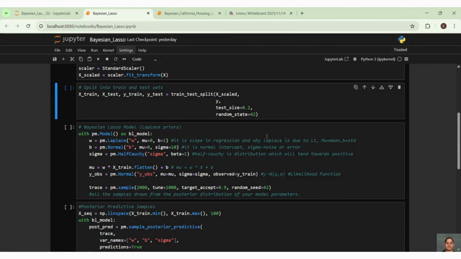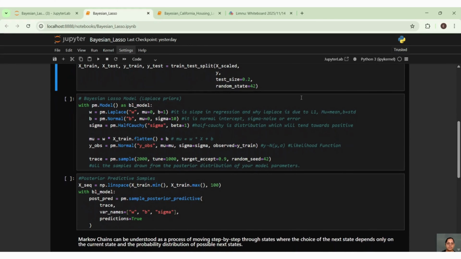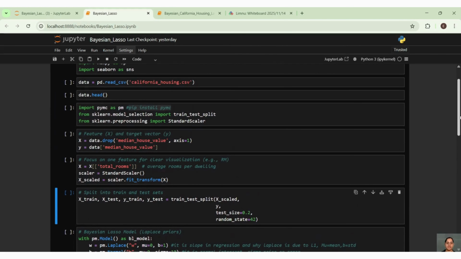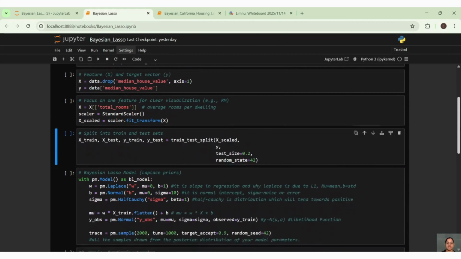Then here is the main thing which you have to understand. This is my Bayesian lasso model, and we are getting my model with pm dot model. We have already done import pymc as pm, so inside that it is the same thing.